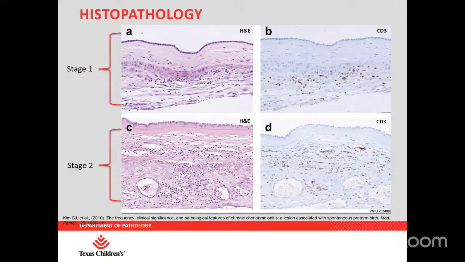On immunohistochemistry, the infiltrate is composed mainly of CD3 and CD8 positive T cells, with few CD4 positive T cells and a rare occasional B cell. So these stains can be used to support the diagnosis when needed, though they're not routinely required. Staging reflects the depth and extent of lymphocytic infiltration rather than the presence of neutrophils, consistent with its chronic immune nature.